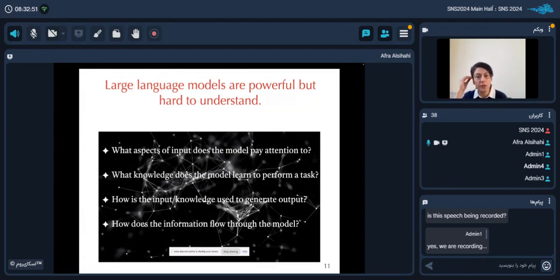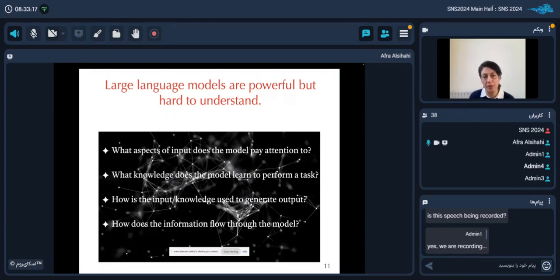What kind of knowledge does this model learn? By this, I mean the intermediate information. What kind of intermediate information does this model need to learn in order to perform its task? We also want to know, maybe in more detail, how this input knowledge is actually processed to generate the output. How does the information flow through the model?